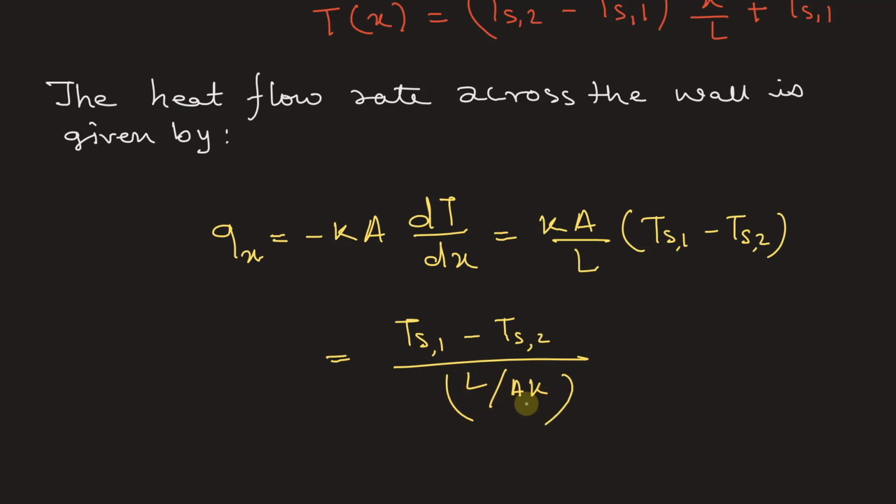And this L upon kA is called conduction resistance and represented by R_th.